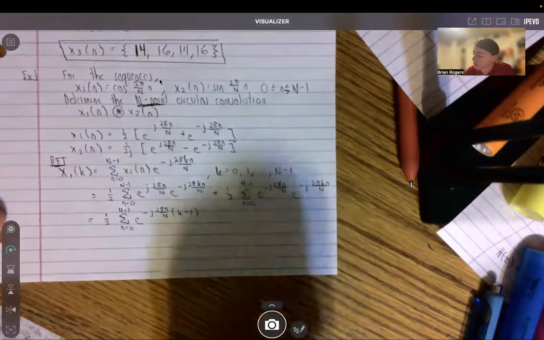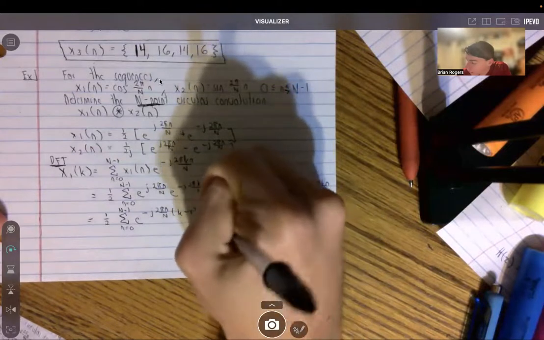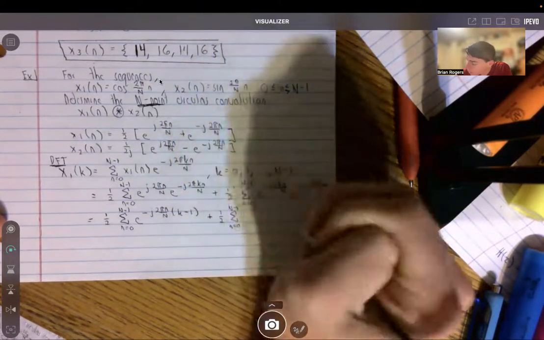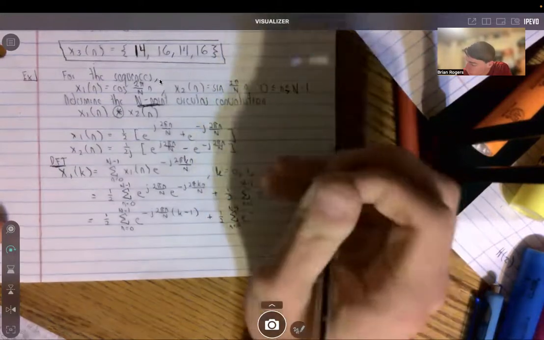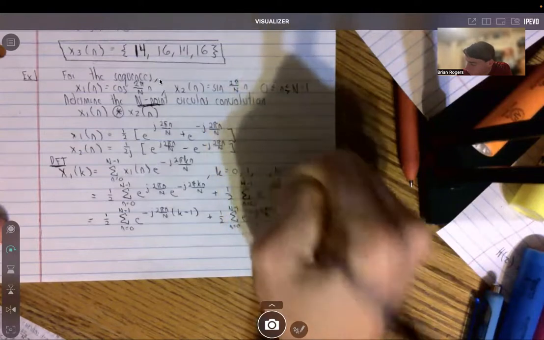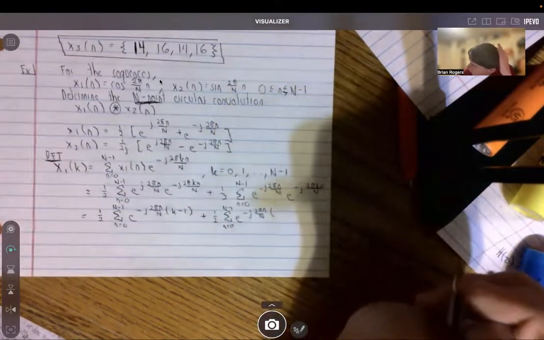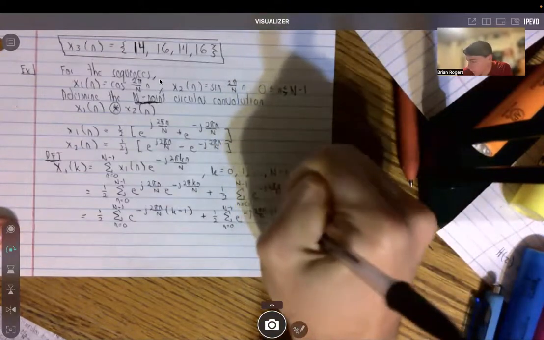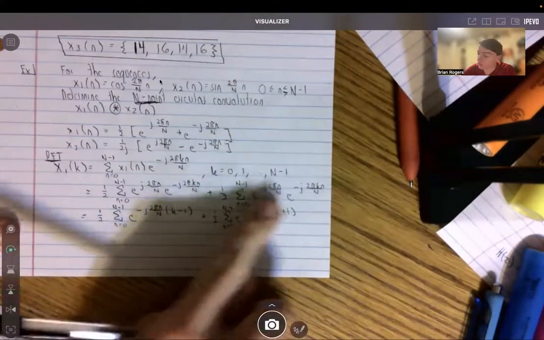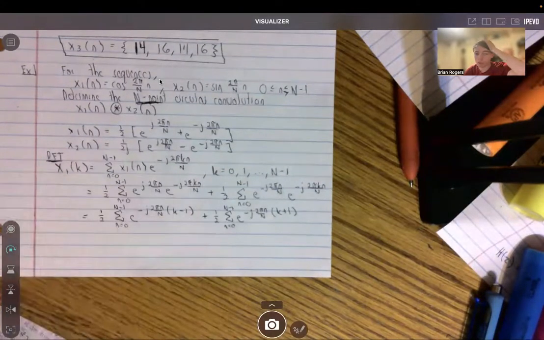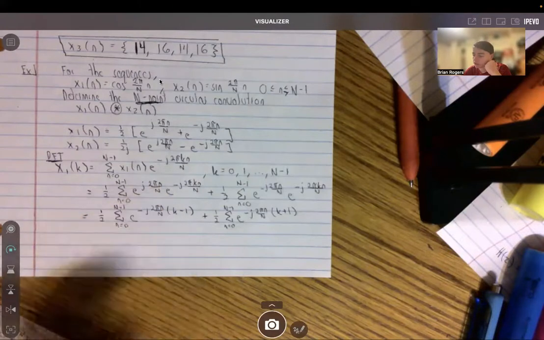And then here we would have plus 1/2, sum from n equals 0 to capital N minus 1, e to the negative j 2 pi n all over capital N, times k plus 1. That's just simplifying, writing it in terms of one exponential, not two multiplied by each other.